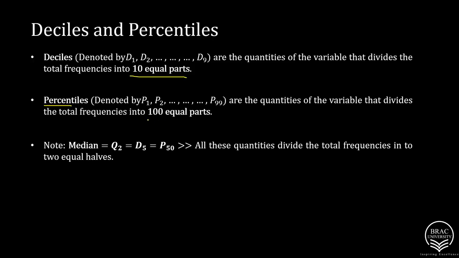So you can just derive that the percentiles will divide the dataset into 100 equal parts. Note that the second quartile is equal to the median. We have already established that, and also it is the 5th decile and the 50th percentile. All of these quantities divide the total frequencies into 2 equal halves.